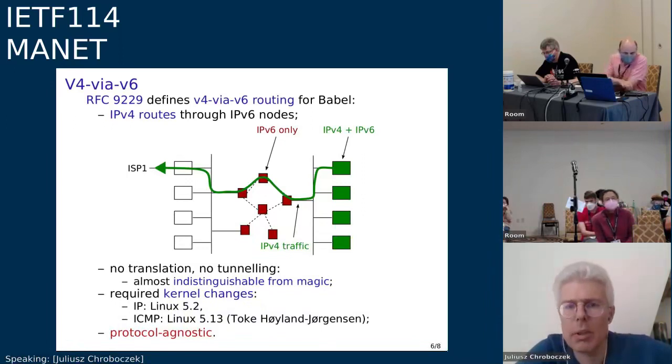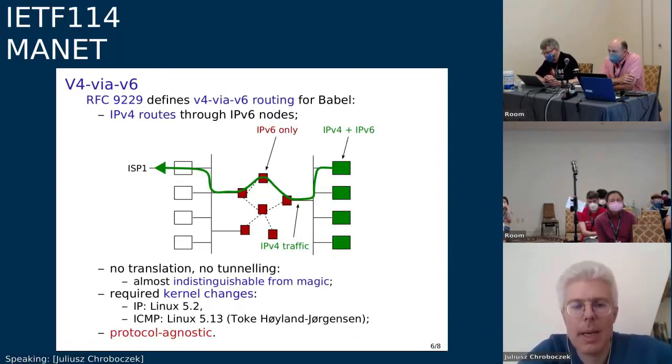Usually I always try to work out what the trade-offs are. And in the case of v4 via v6, I cannot see any trade-offs. To me, it looks just like magic. So we've enabled it by default, expecting our user base to complain. It's been deployed for a couple of months. Nobody seems to be complaining.